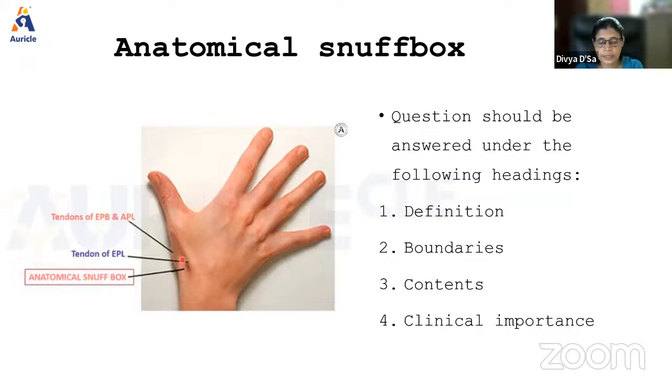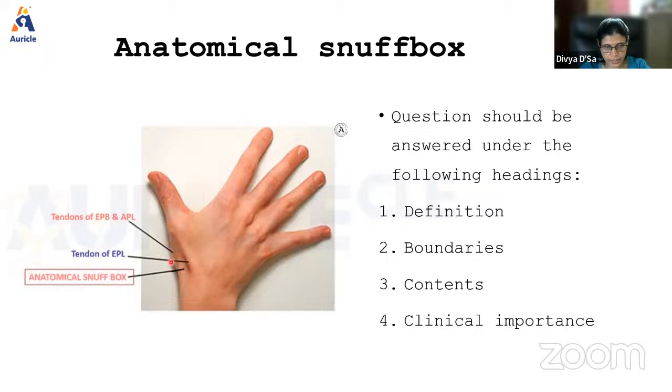It is called the snuff box basically because people who sniffed snuff would keep the snuff in the hollow space formed here, rub it, and then sniff it. In olden ages, they used to powder it in that space and then sniff it. That is why it is called the snuff box.